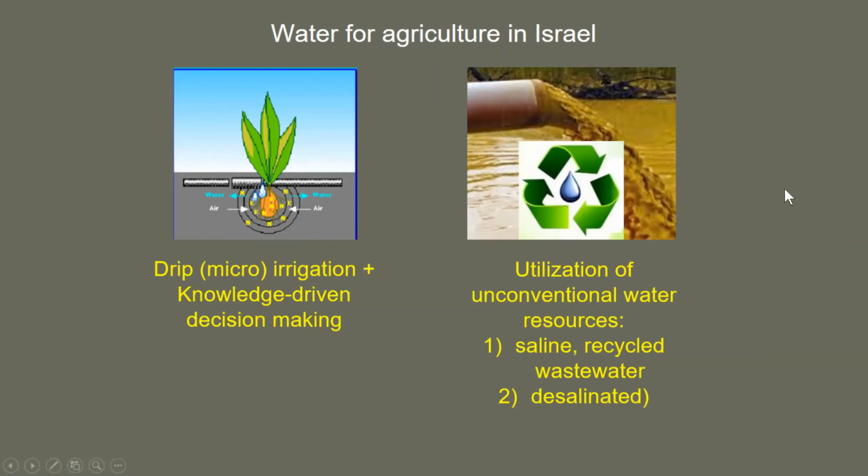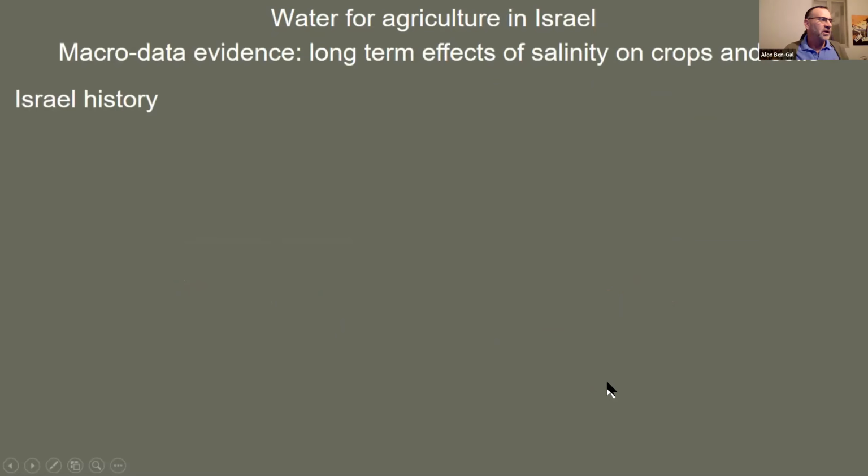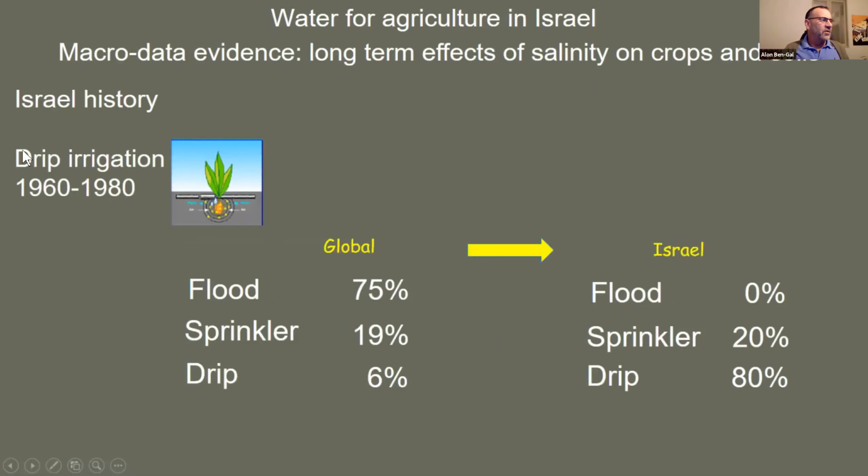And on the other hand, we're going into the utilization of unconventional water resources, which starts with saline and recycled wastewater that are high in salts, and more recently desalinated water sources. So we see three things happening over time.